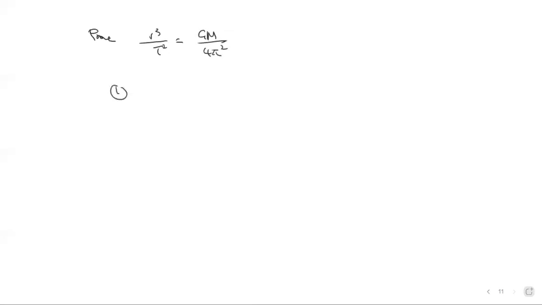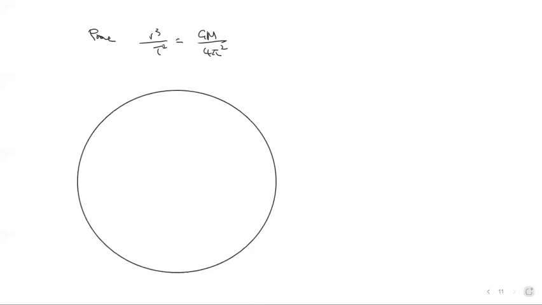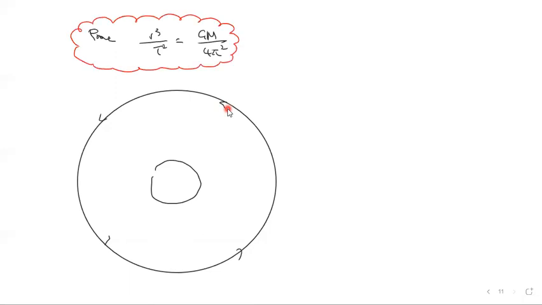Firstly, a pretty key point: if something is undergoing a stable orbit, then it's basically undergoing circular motion. In our course, we assume uniform motion. It's not speeding up or slowing down.